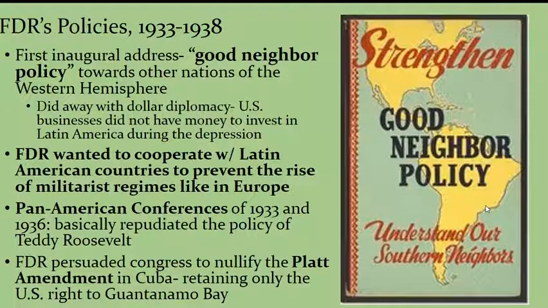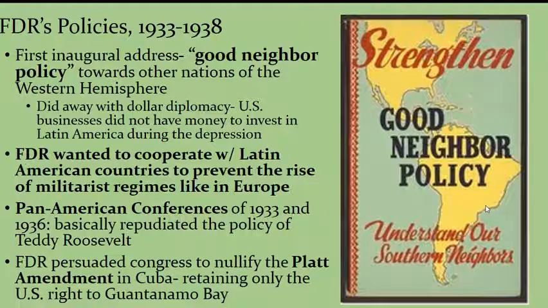Now, in his first inaugural address, he does issue his Good Neighbor Policy towards other nations in the Western Hemisphere. What he's trying to do is fix some of the damage done by imperialistic administrations, especially in Latin America, like Teddy Roosevelt, Taft with dollar diplomacy, and Wilson with issues with Mexico.